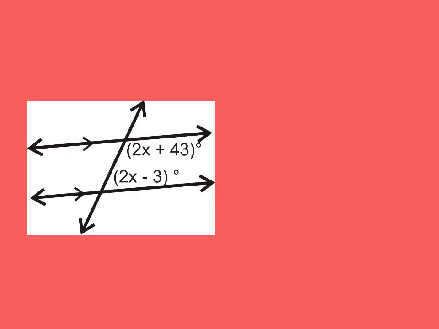Last example. Again, we're going to look and say, how are these related? So 2x plus 43 is right there, and 2x minus 3 is right there. These are on the same side interior, or they are consecutive interior. And what do we know about consecutive interior?